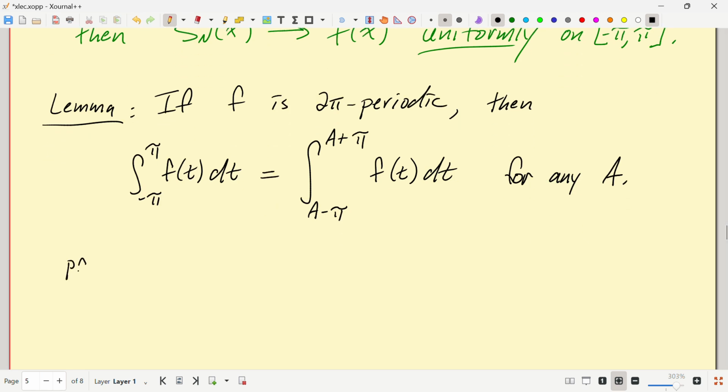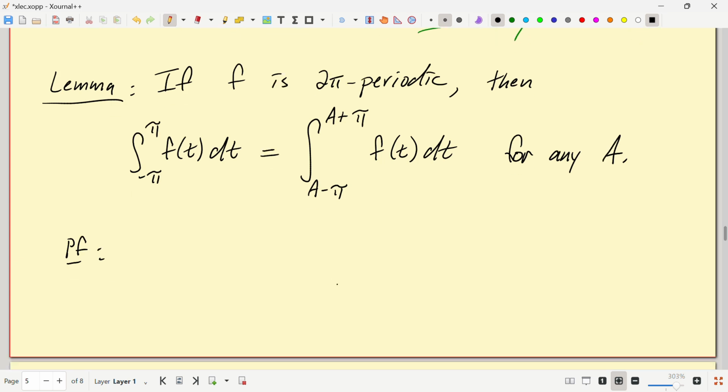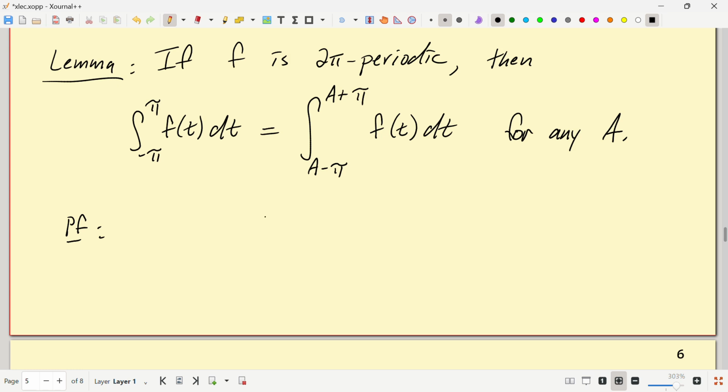I'll give you a picture proof. I'll do it for something like sine and cosine. Here's sine. Actually, I'll do it for something weird.